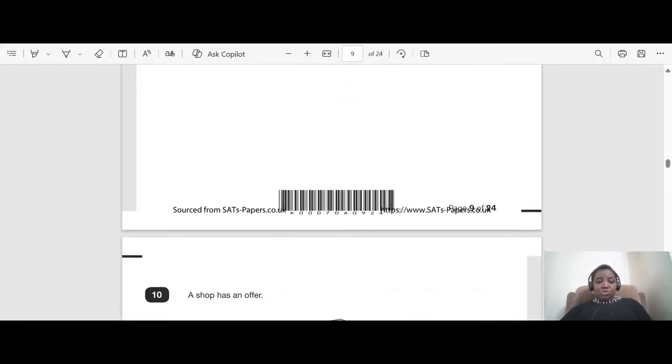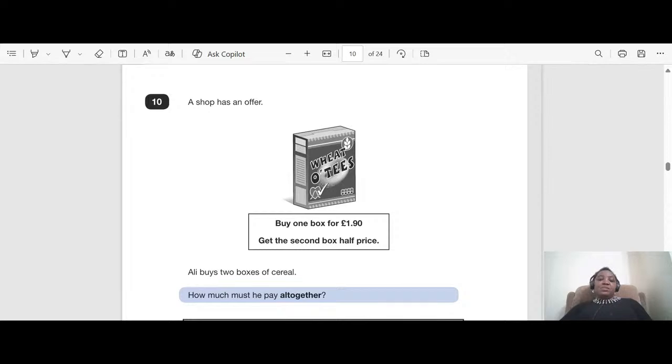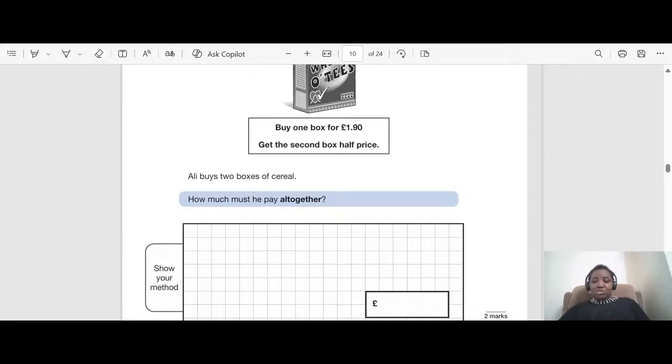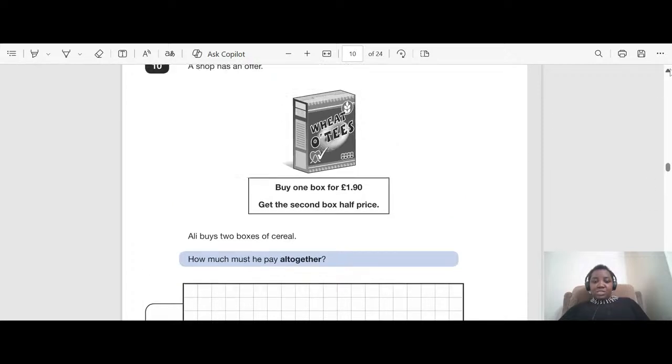Now we're going on to question number 10. It says a shop has an offer. Buy 1 box for £1.90, get the second box half price. Ali buys 2 boxes of cereal. How much must he pay altogether? Now this question says that you should show your method. 1 box goes for £1.90.